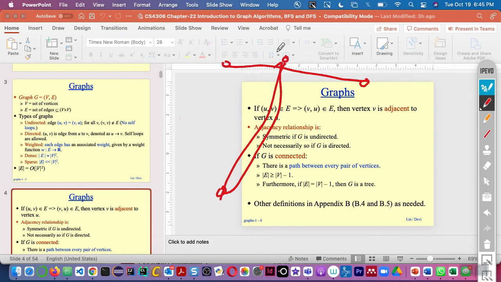So A and B are not adjacent, but B and C are adjacent.